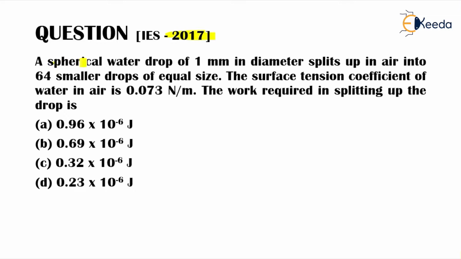Here, a spherical water drop of 1 mm in diameter splits up in air into 64 smaller drops of equal size. The surface tension coefficient of water in air is 0.073 Newton per meter. The work required in splitting up the drop is to be determined.